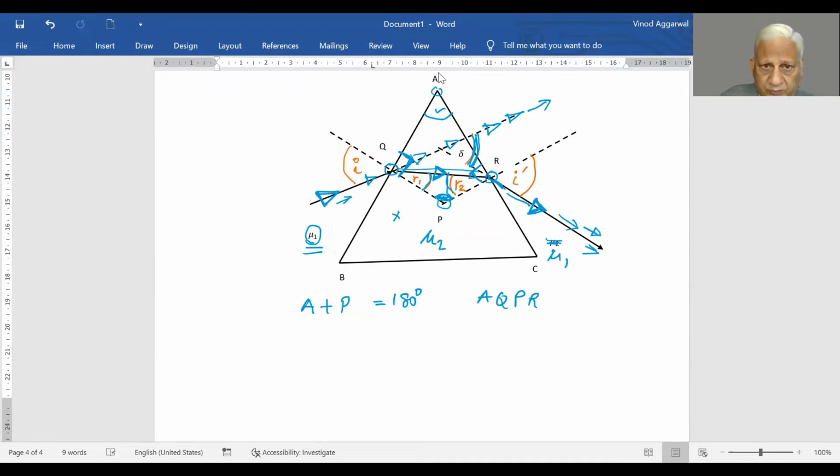So 90 plus 90 is taken out by these two angles. So what is remaining is 180. That's why A plus P is 180.